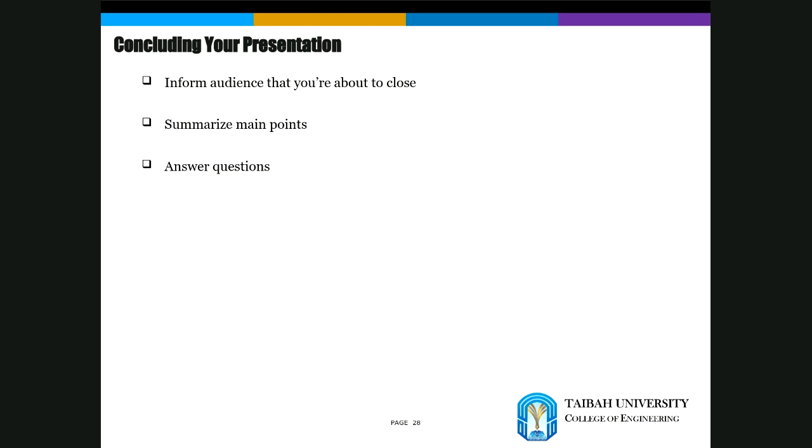Finally, you give the summary: to sum up your work, you need to mention the main points. To conclude, make sure you have the main points, and then answer the questions.